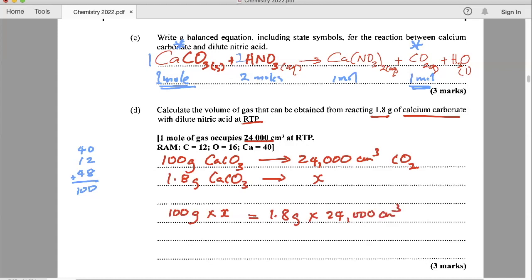We're going to divide both sides by 100 grams to make x the subject. And when we do that, we're going to end up with x being equal to 432 cm³ of CO2. And that would give us our 3 marks.